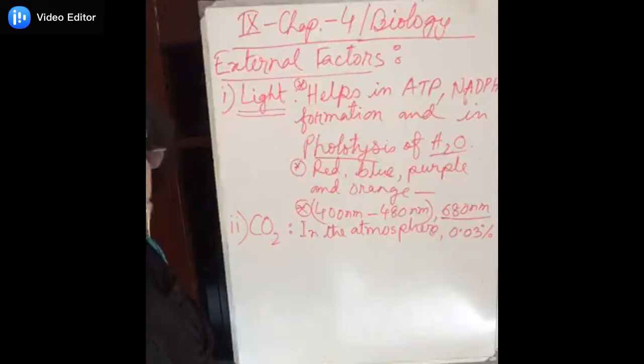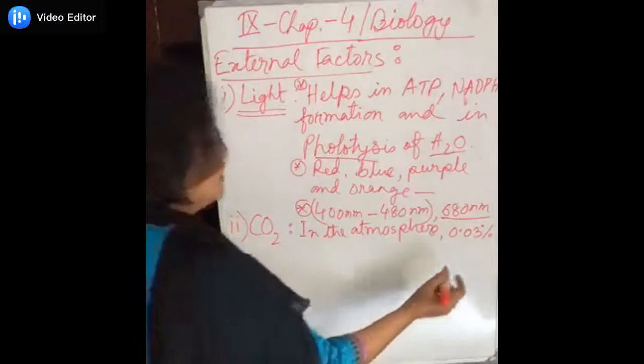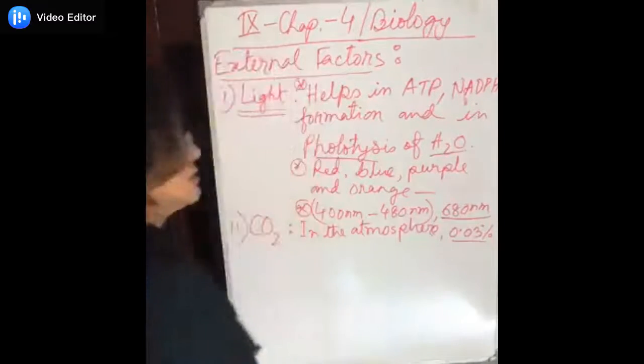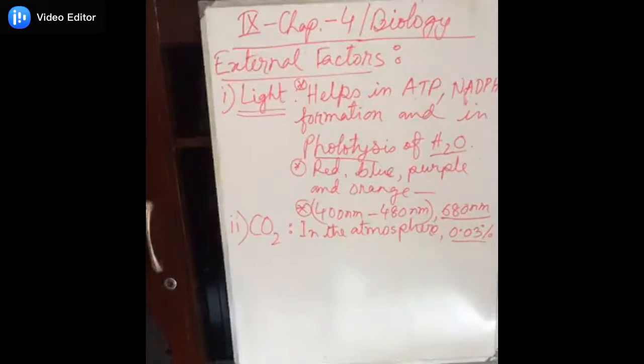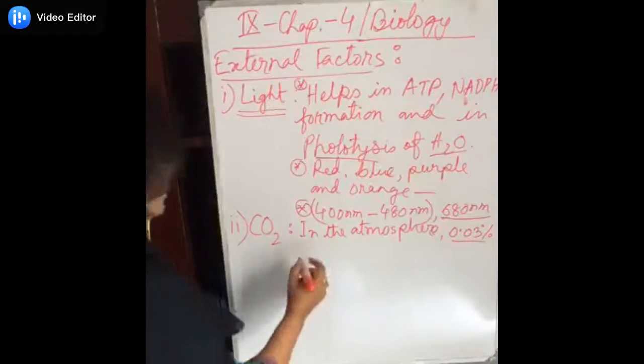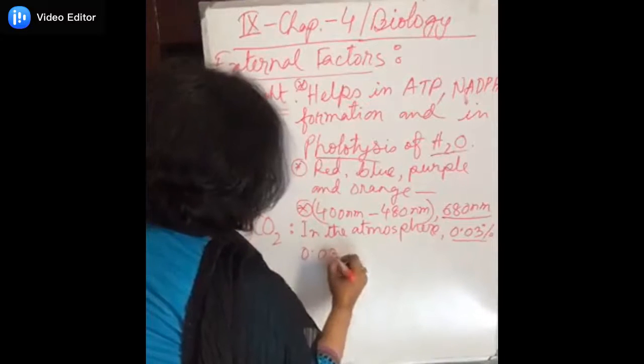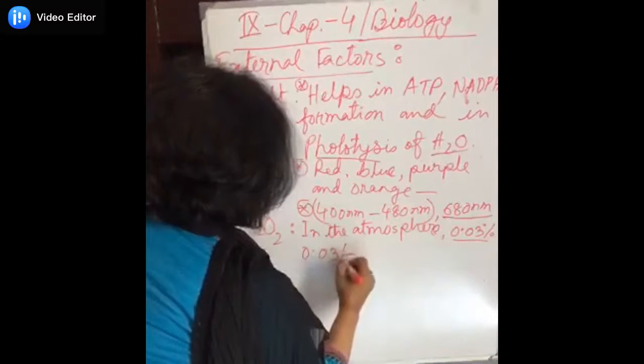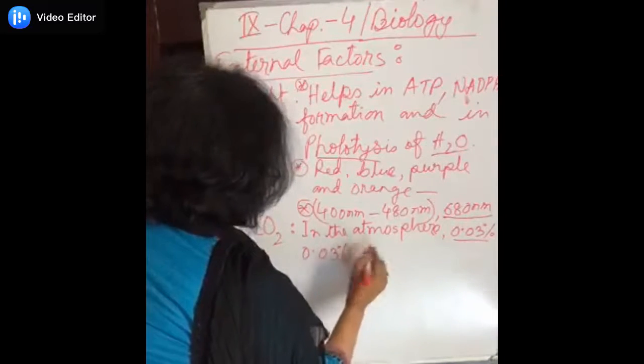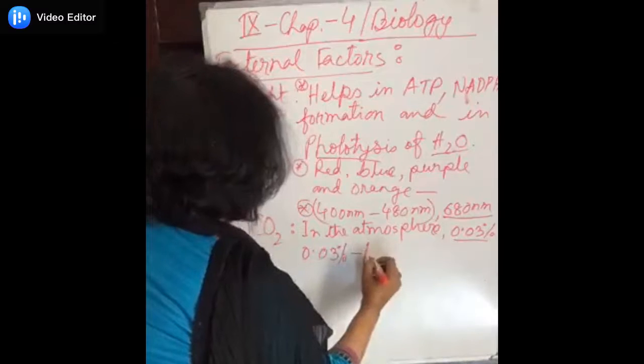The air is made of so many gases, such as nitrogen, oxygen, carbon dioxide and others, and among them the amount of carbon dioxide is 0.03%. Plants can absorb carbon dioxide from 0.03% to 1%.